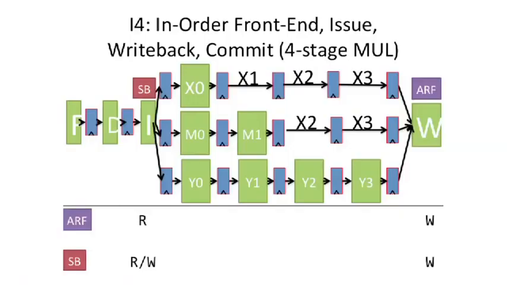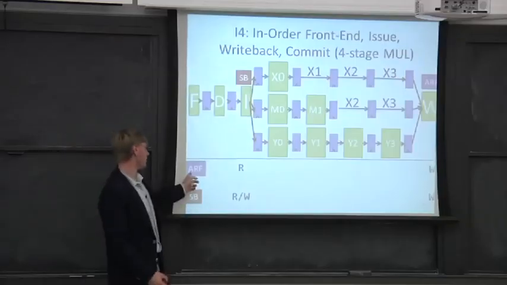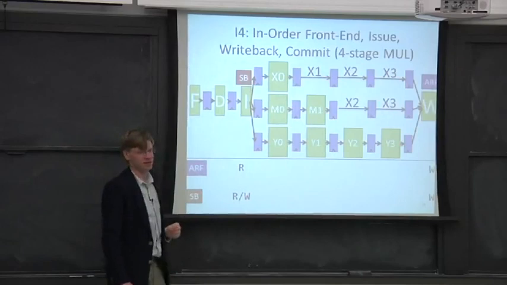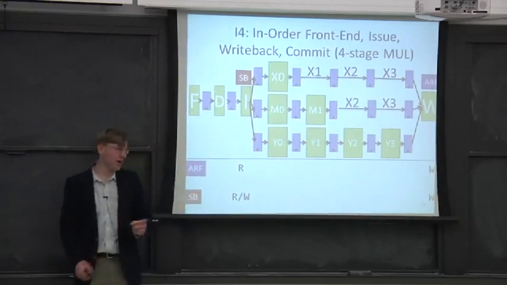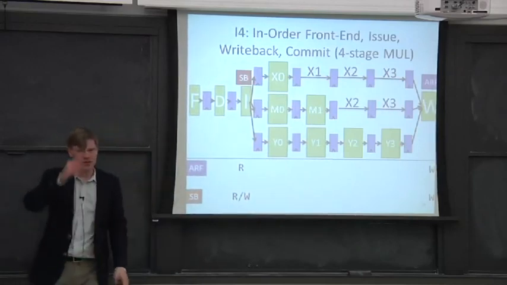OK, so now we're going to start introducing some extra structures, which will make our lives easier when we start to have multiple pipelines and complicated things are happening. The first thing I want to introduce here is the architectural register file, or ARF for short.